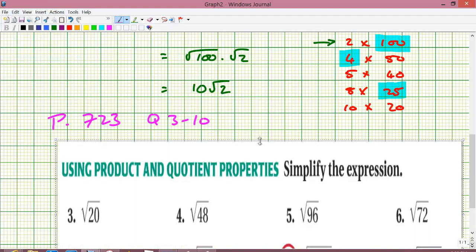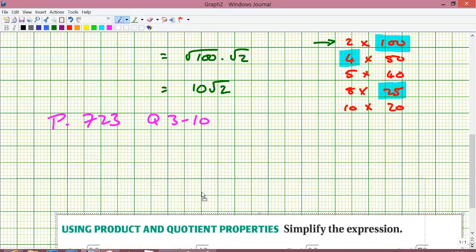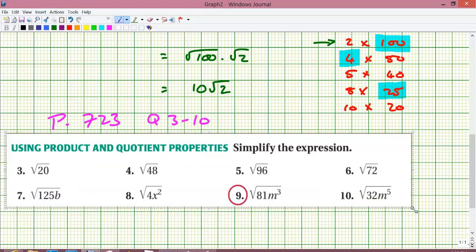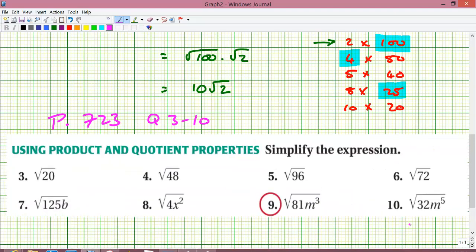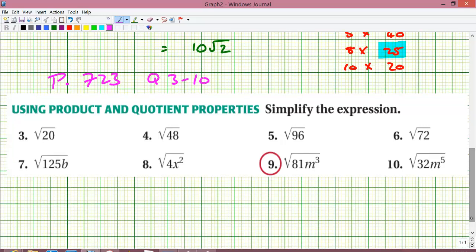What I suggest you do is pause the recording now while you do these problems, check your solutions on the rear wall. You'll see that pinned up on the wall are all the solutions for these problems on this page 723. And once you're comfortable and you think you know how to do this, then restart the recording and move on to the next section.